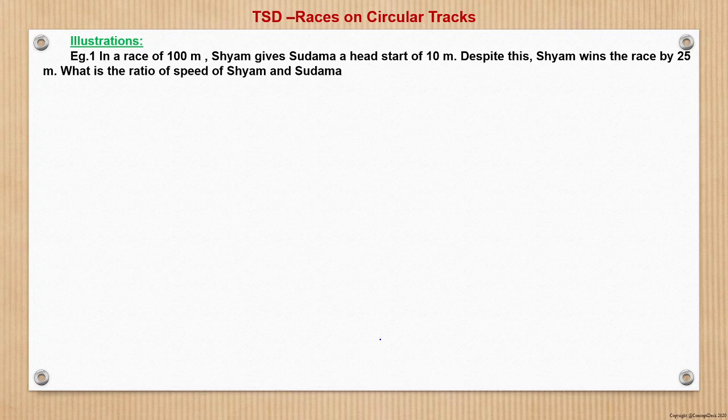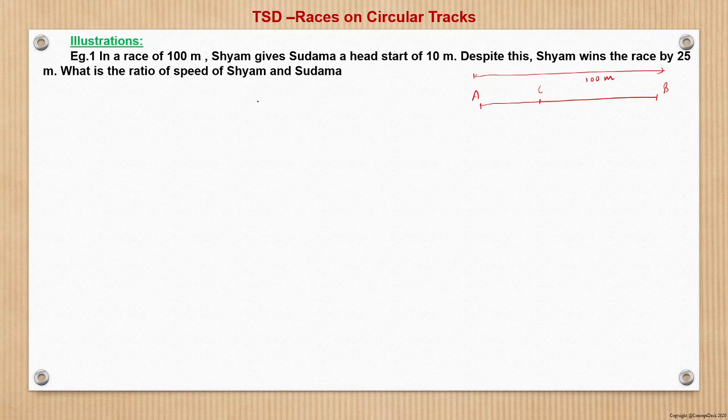Let's see question number one, which says that in a race of 100 meter, Shyam gives Sudama a head start of 10 meter. So what does this mean? Suppose this is the race track, this is point A, this is point B, AB is the race course, and there's some point in between which is C. This AC length is 100 meters.